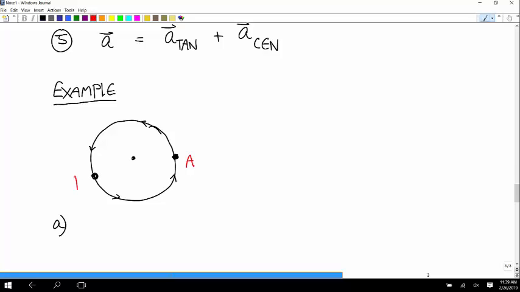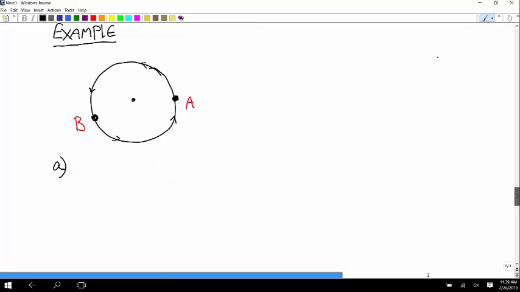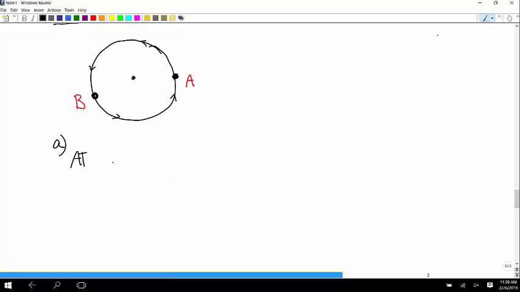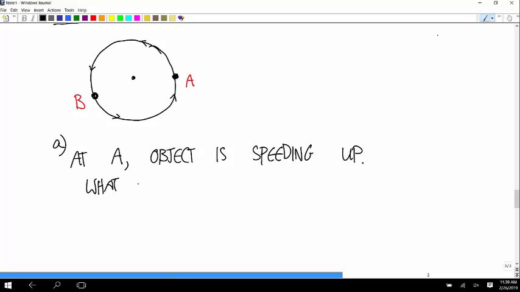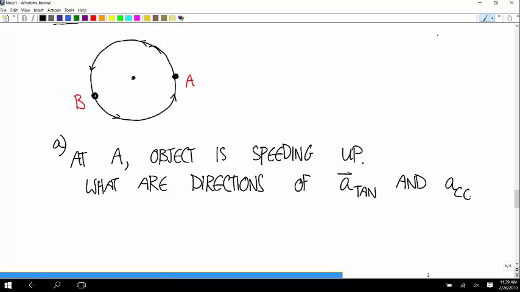We'll call this B. Okay, so at the point A, the object is speeding up. What are the directions of the tangential acceleration and the centripetal acceleration?